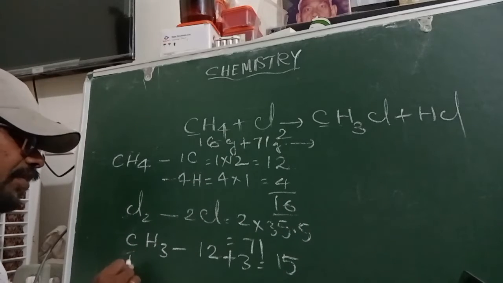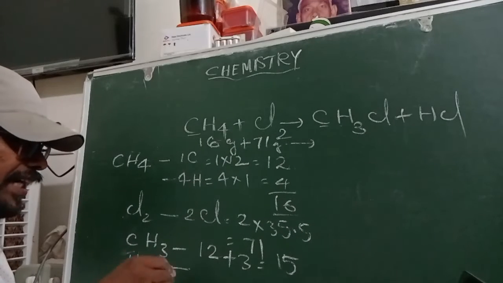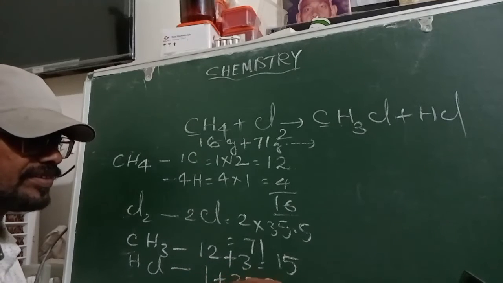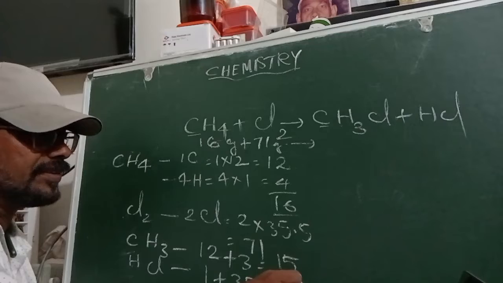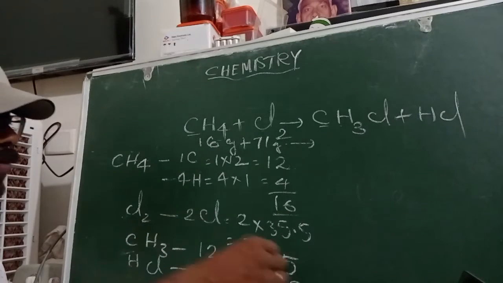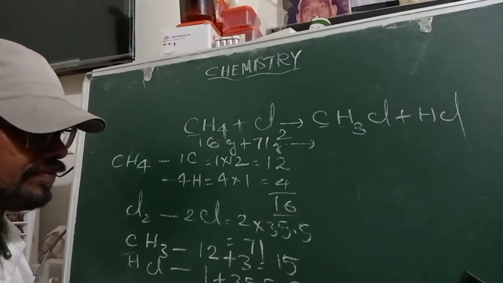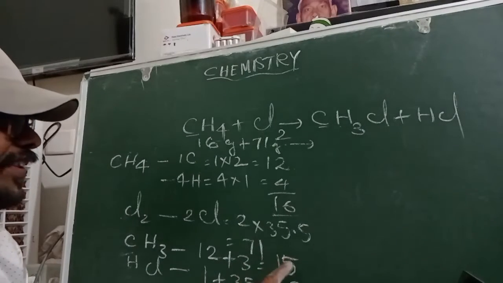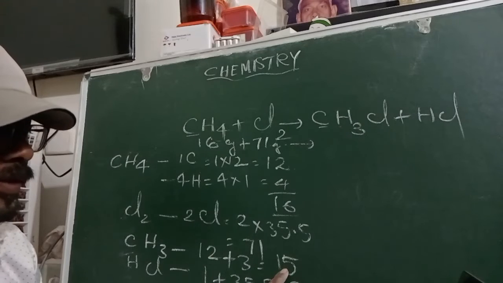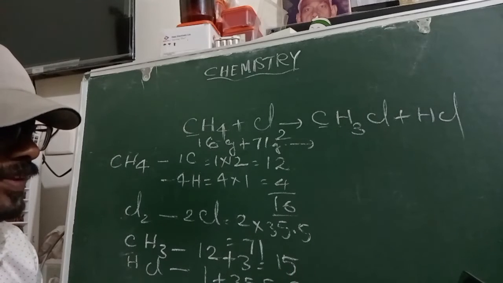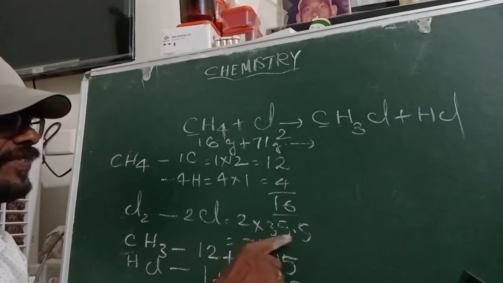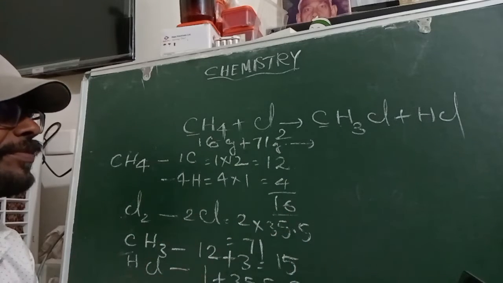HCl, hydrochloric acid, hydrogen 1, chlorine 35.5, that is equal to 36.5. Now if you add these two, we get 36.5 plus 15, that is equal to 51.5. Here also 16 plus 71.